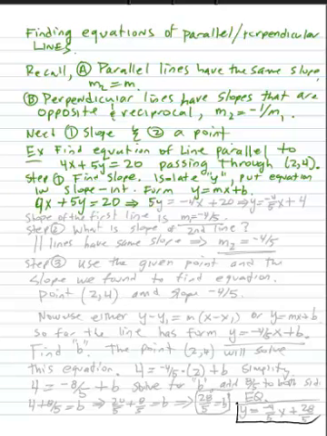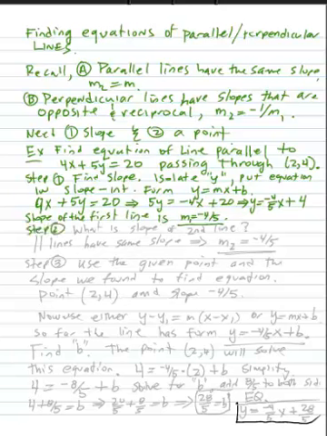We end up with 5y = -4x + 20, and now divide both sides by 5, which gives us y = -4/5 x + 4, since 20 divided by 5 is 4. The equation is in the form we needed, so it tells us the slope of the first line is -4/5.